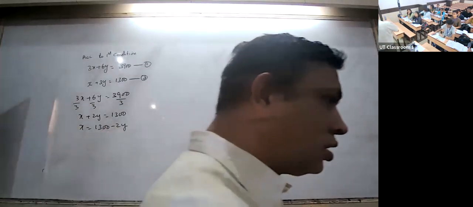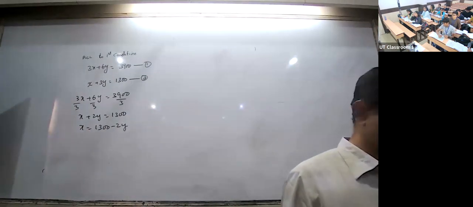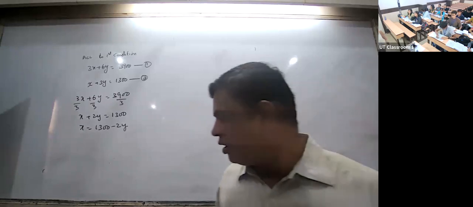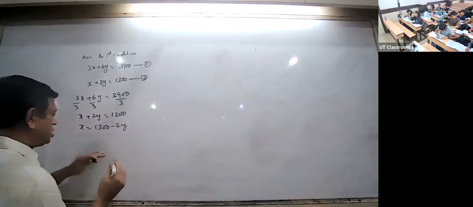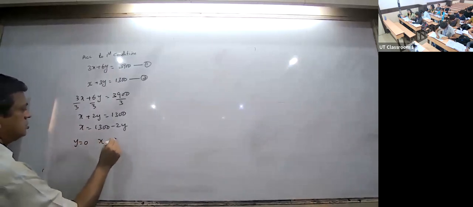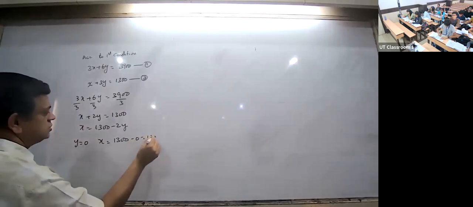You can make a scale of multiples of, let's say, 100. Then it's easy: 100, 200, 300, 400. Take y equal to 0, x is equal to 1300 minus 0, that is 1300.